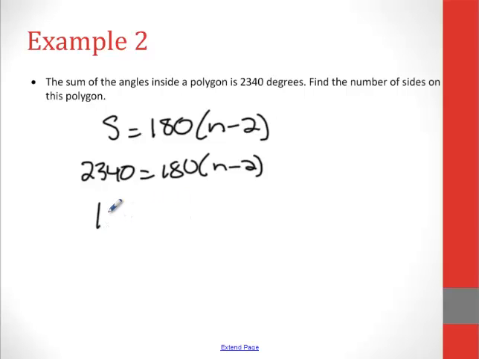And when I do that, I get 13. And then I'm going to add 2. n is 15. So that type of shape, after we get to higher numbers, we stop naming them with a special name like octagon or hexagon, and we just call this one a 15-gon.